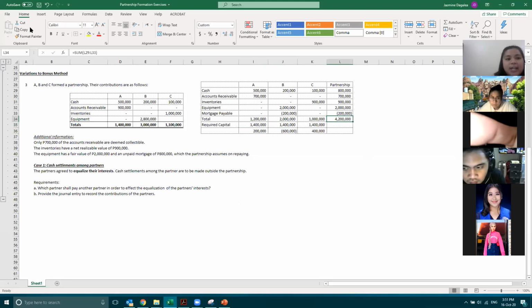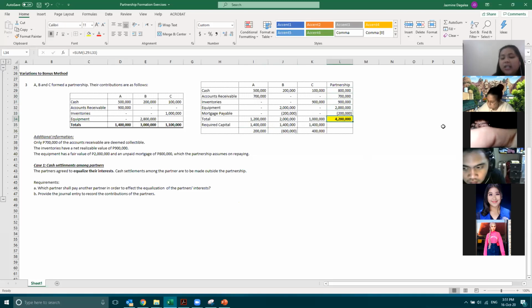Di ba na-determine na natin dito yung total capital contribution: 800,000 cash, 700,000 accounts receivable, 900,000 inventories, 2 million equipment, and mortgage payable less 200K. So yung net capital contribution ng all partners is 4,200,000.